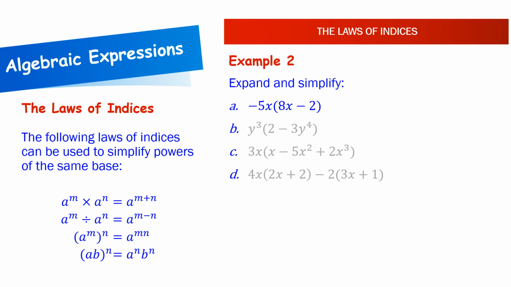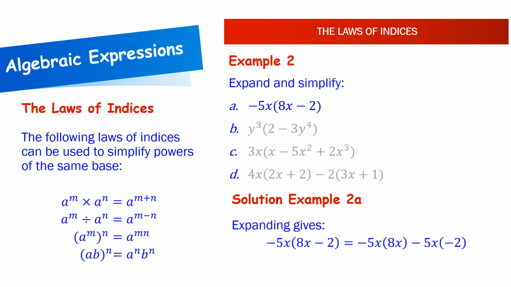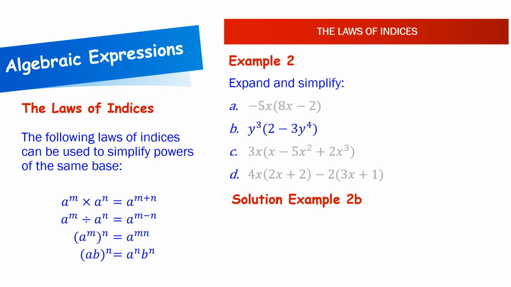We begin with example 2a. Expanding gives us the expression shown. So minus 5x times 8x and minus 5x times minus 2. Simplifying to minus 40x squared plus 10x. Now let's solve example 2b.